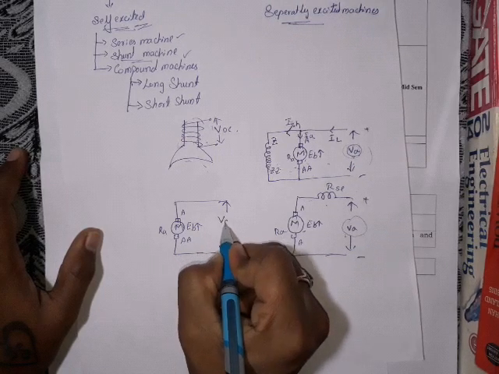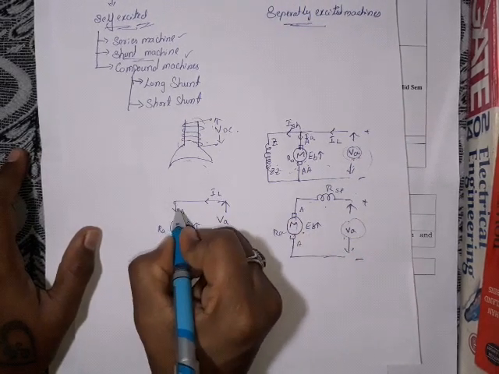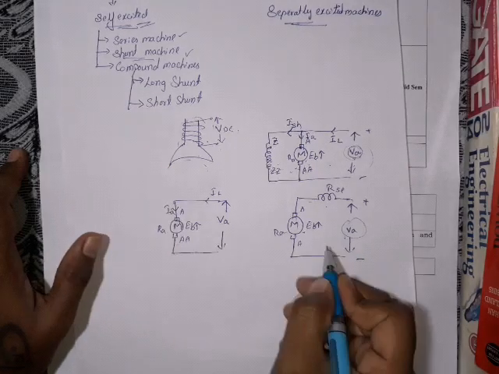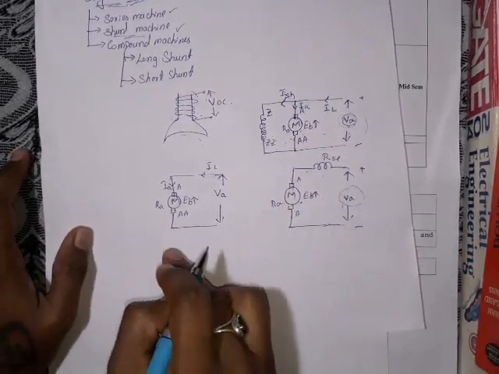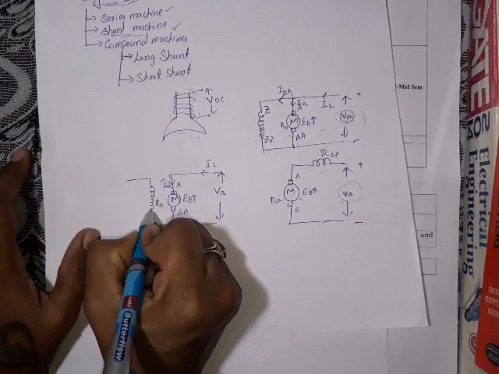Let me call it VA. This takes a current IA. Field winding. We have to write field winding. So here we have field winding.